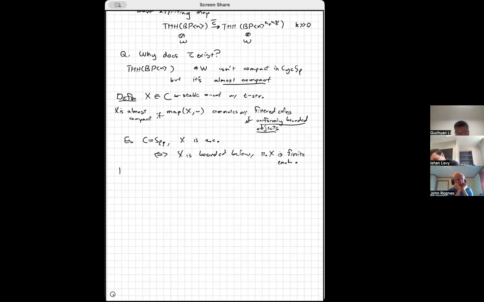And here's a key proposition, which is some fact about cyclotomic spectra. I'm not going to prove it, but it's just a general fact about cyclotomic spectra. It's in the telescope conjecture paper. So the proposition is that a cyclotomic spectrum, which is p-complete, is almost compact if and only if the underlying spectrum is.